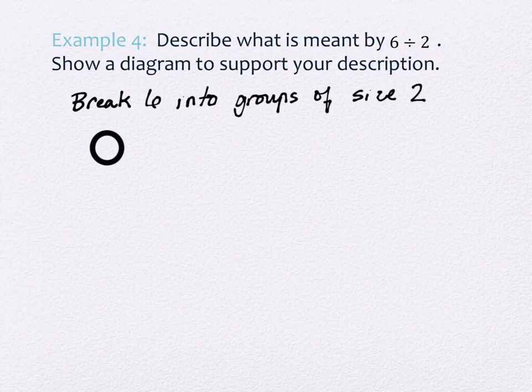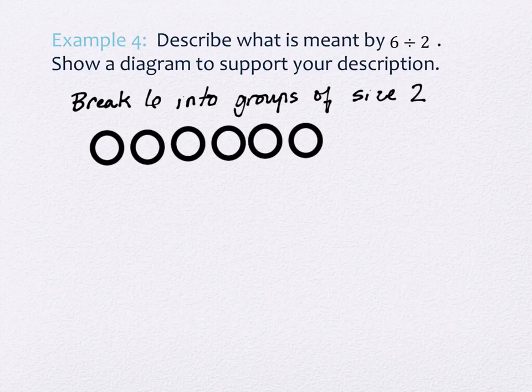We're going to take our cookies, and I'm going to draw 6 of them. Because I have 6 cookies, and instead of making 2 groups of 3, I'm going to group them into groups of 2.